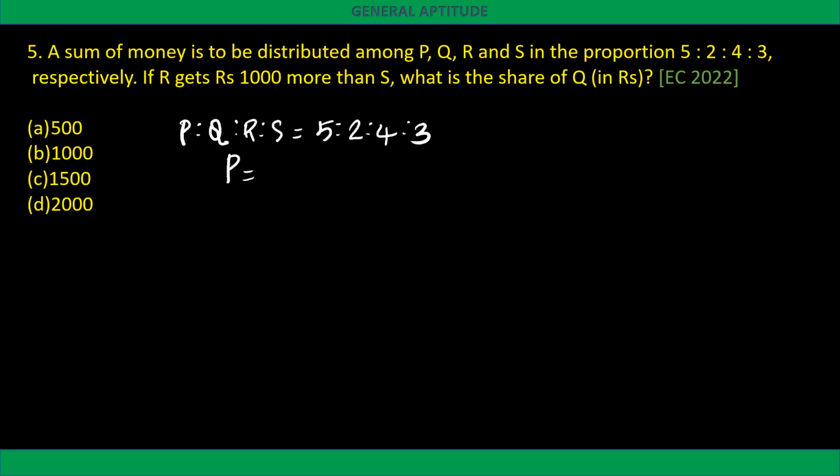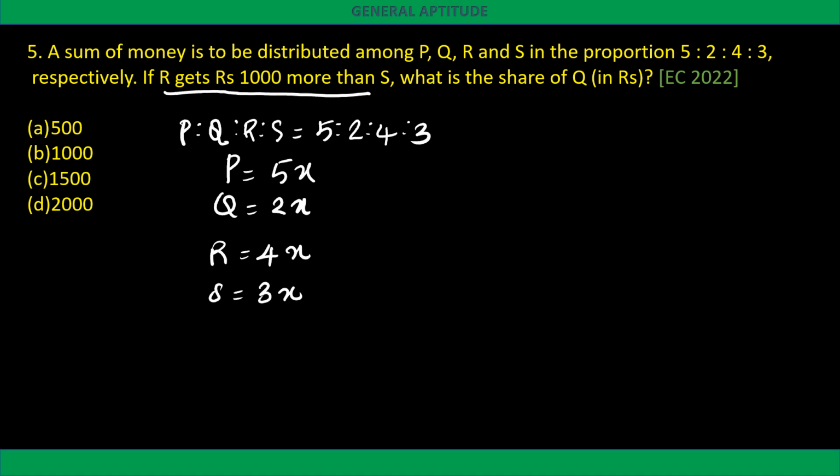That is, if P gets 5x, Q gets 2x, R gets 4x and S gets 3x. It is said that R gets 1000 more than S. So the difference between these two amounts is 1000. That is 4x minus 3x is 1000, or x is 1000.